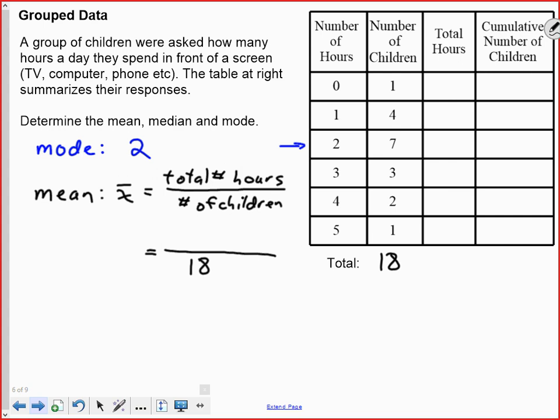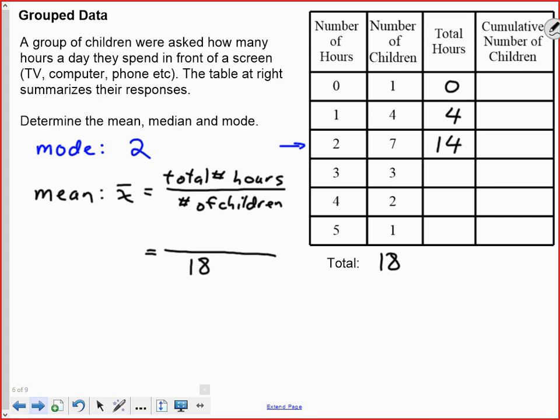One child said that they spent 0 hours. How many total hours does that represent? 0. 4 children said that they watched 1 hour. So that's 4 total hours. We can imagine that as if we were listing out all of the data one after each other, we would have 4 ones right after each other. And then after those 4 ones, we would have 7 twos because 7 children said that they watched for 2 hours each night. That's going to give us a total of 14 hours.